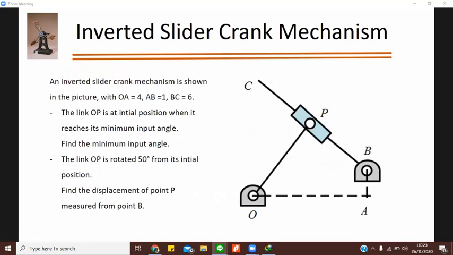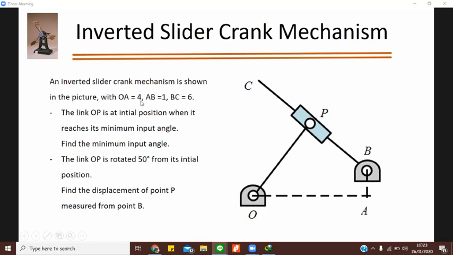Now there is one more mechanism, that is the inverted slider crank. What we do here is just invert the slider crank mechanism. An inverted slider crank mechanism is shown here in the picture.